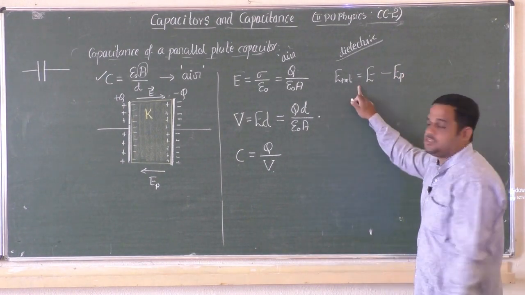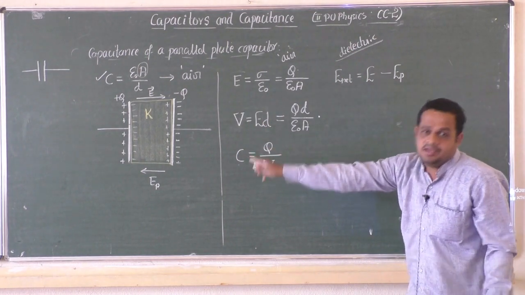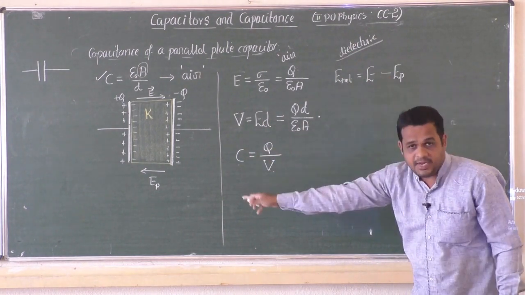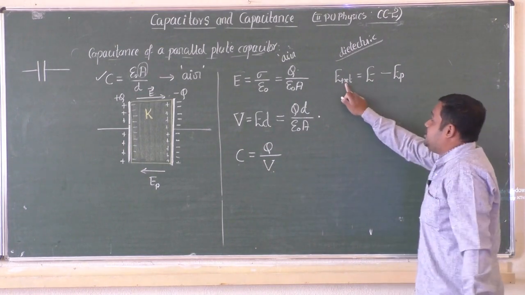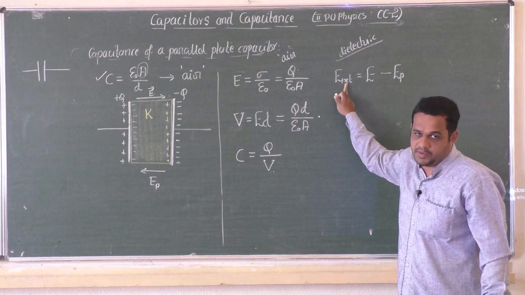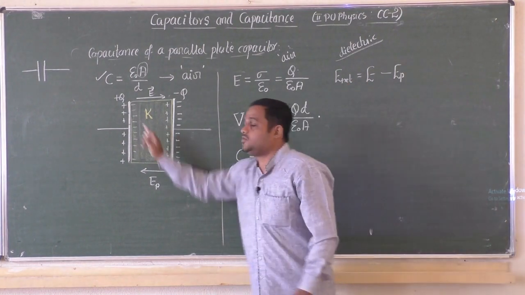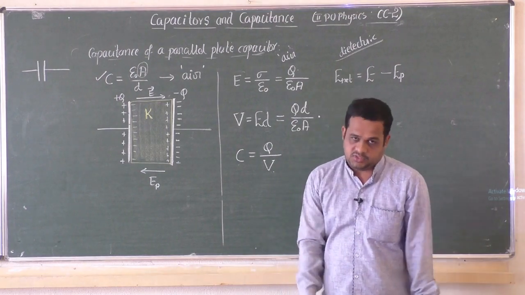What is the meaning of this statement? By introducing the dielectric medium between the plates of the capacitor, we reduce the strength of the electric field between the plates. Clearly, the strength of the electric field decreases.